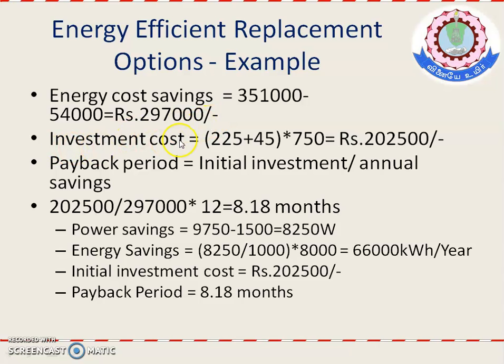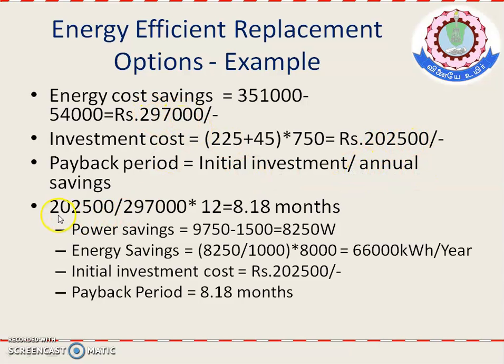So what is the investment you need to spend? Per ballast you need to spend 225 rupees. Per tube light you need to spend 45, and for 750 numbers, totally 2,02,500 rupees. So now you can calculate the payback period. Initial investment divided by annual saving.